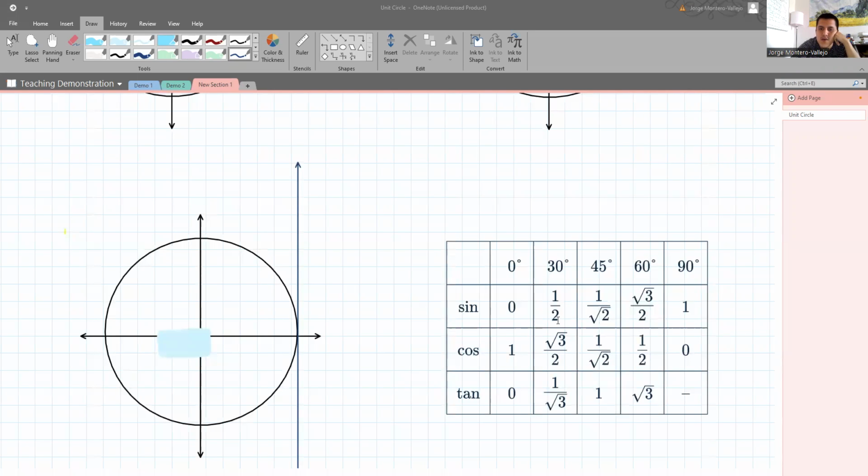But I want to say a few things before we start working on the circles. You see that sine and cosine values, all the numbers that we see here, from 0 to 1 and then from 1 to 0, are the same, but in reverse.